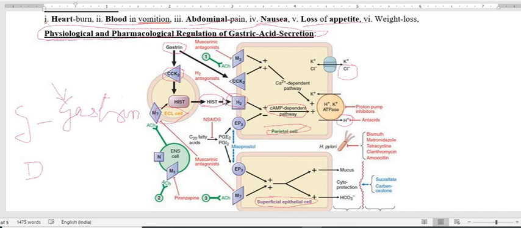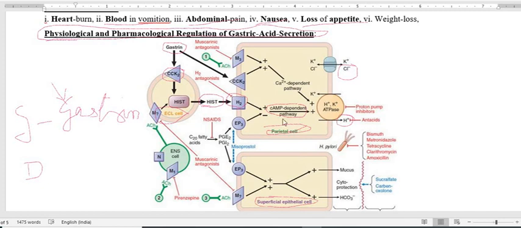If the drug inhibits the receptor, that is, antagonizes the H2 receptor and inhibits the binding of histamine to the H2 receptor, we use the drug as an H2 receptor antagonist, and therefore hydrogen ion will not be released into the lumen of the stomach, and it will reduce the hydrochloric acid production.